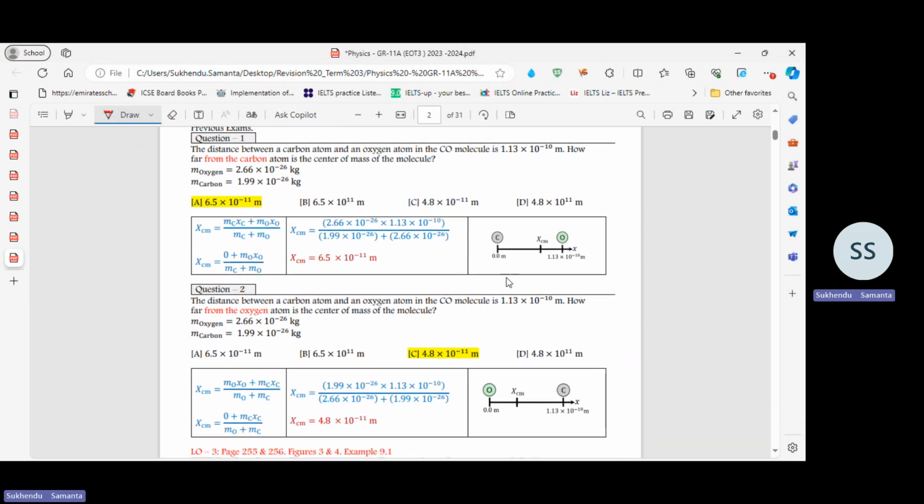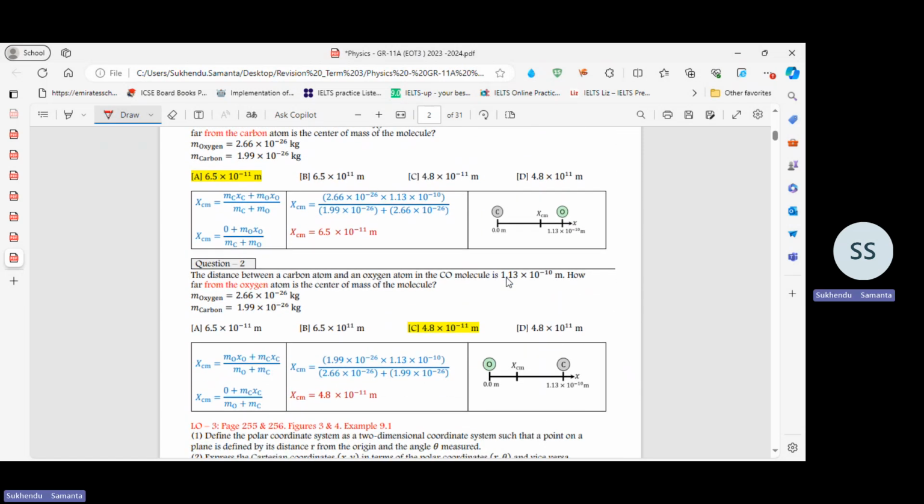Next question: how to calculate the center of mass for this object. What is the formula? If you try to recall, the center of mass formula is XCM equals M1 X1 plus M2 X2, divided by M1 plus M2, which is the sum of their masses.